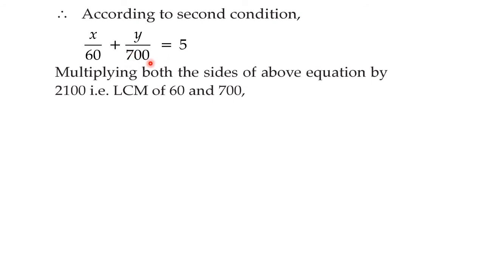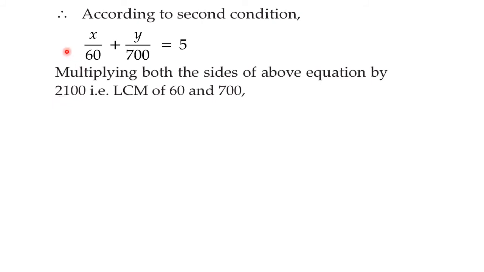And how to find LCM, that also I told you, that always you think of the bigger number. 700 you will think of. 700 is not divisible by 60, so it cannot be LCM. Now the next multiple of 700 is 1400. Not divisible by 60. The next multiple is 2100, which is divisible by 60. Okay, so here the LCM of 60 and 700 is 2100.